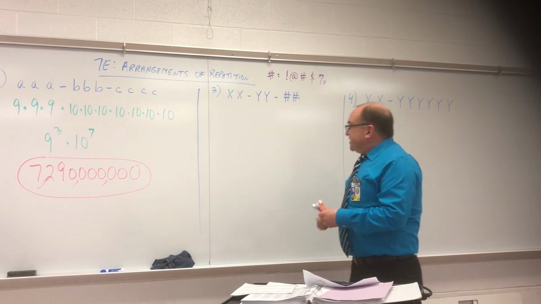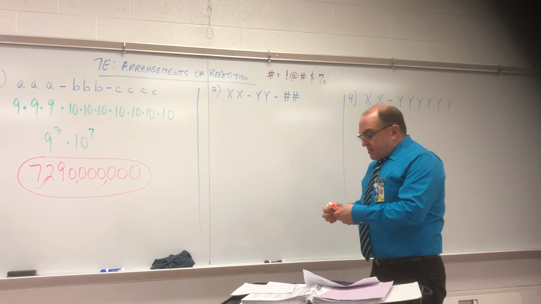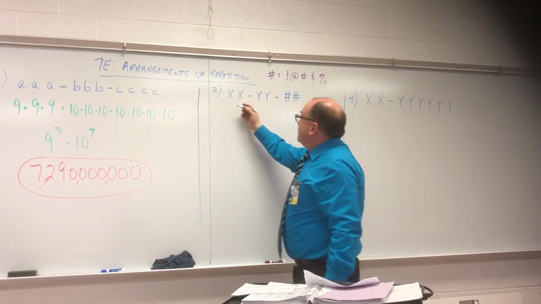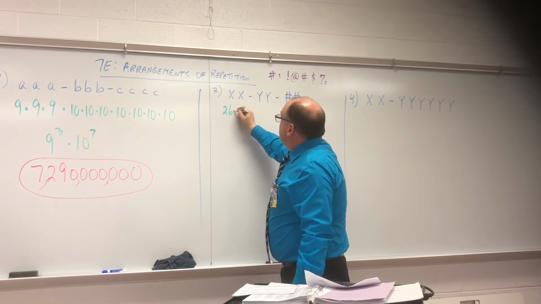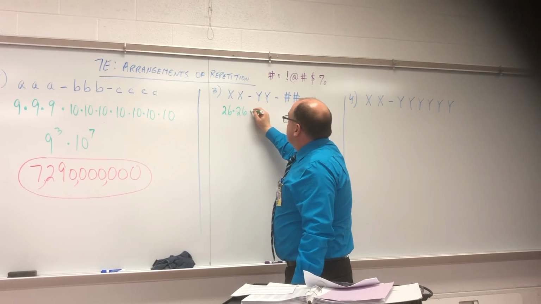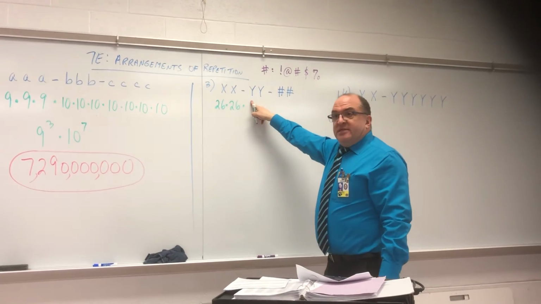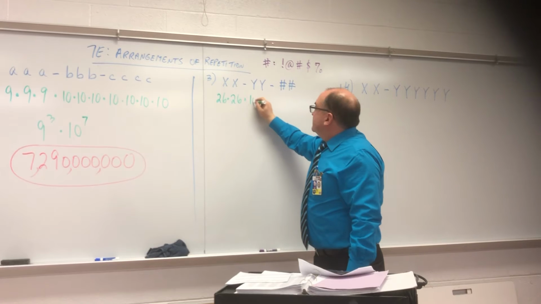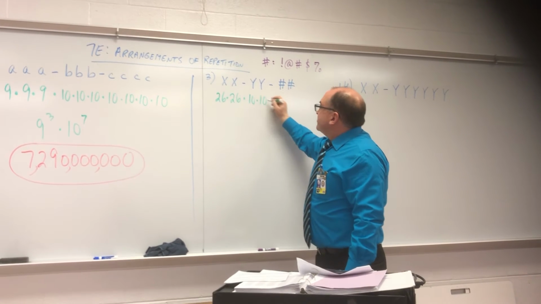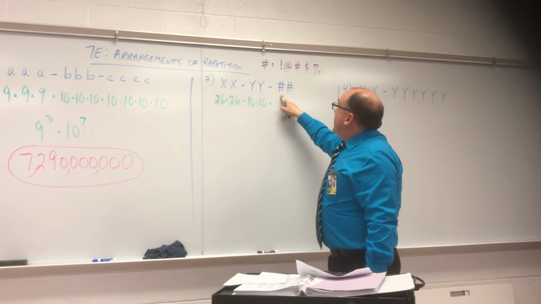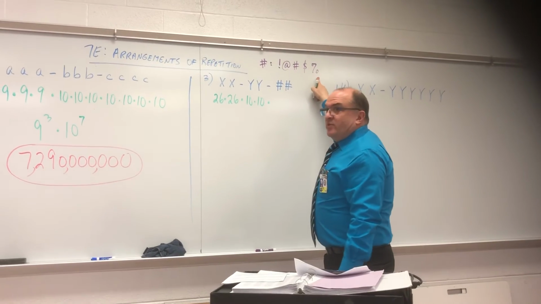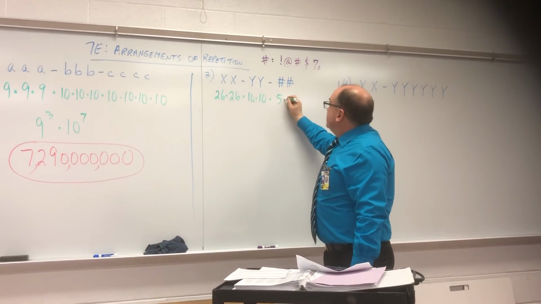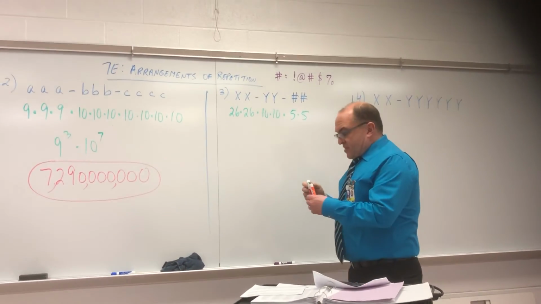Once again, how many letters are there in the alphabet? 26 times 26. How many digits, 0 through 9? 10. And how many of these special characters do we have here? 5 times 5.